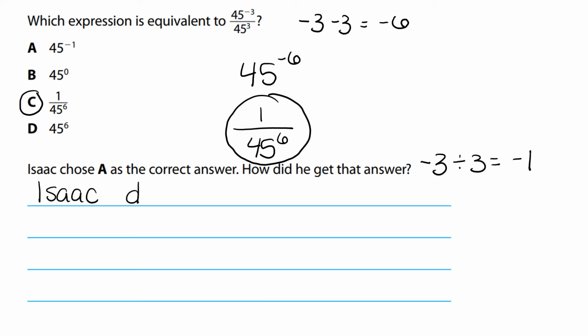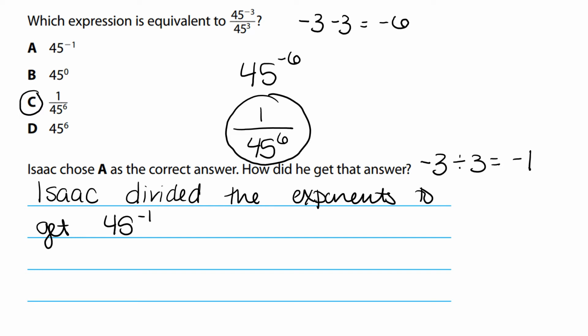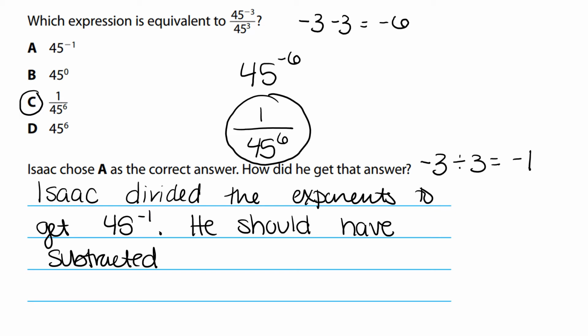Isaac divided the exponents to get 45 to the negative 1st power. He should have subtracted the exponents to get 45 to the negative 6th.